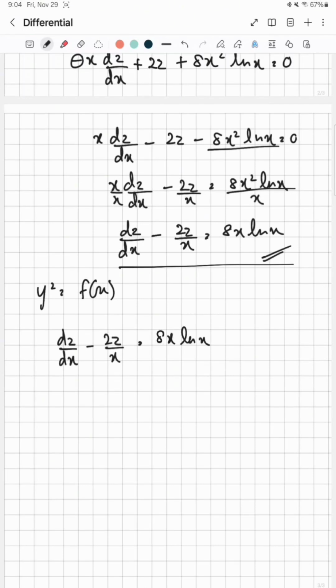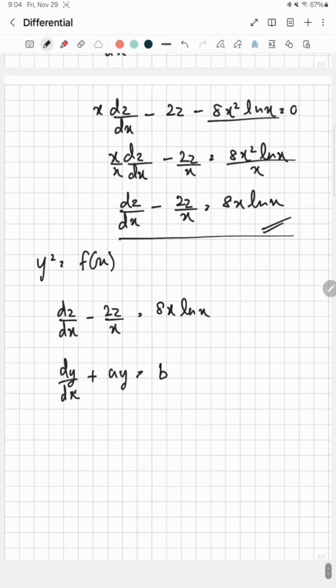Now when solving this, there's a format for solving these types of differential equations. Let me take another example: dy over dx plus a y or something equals b.